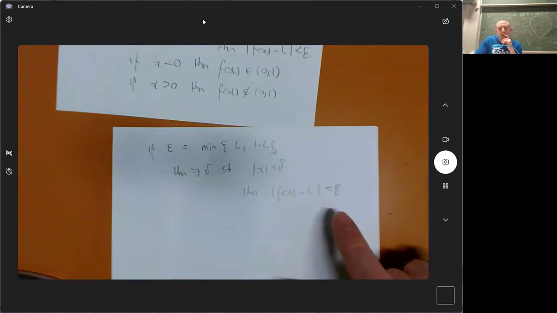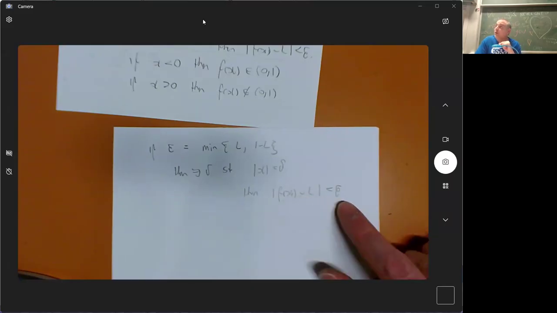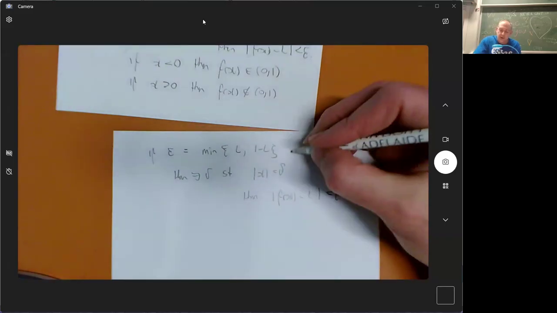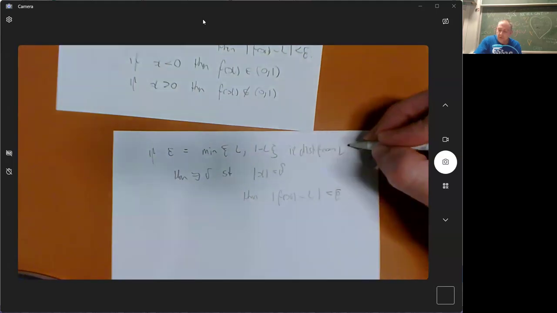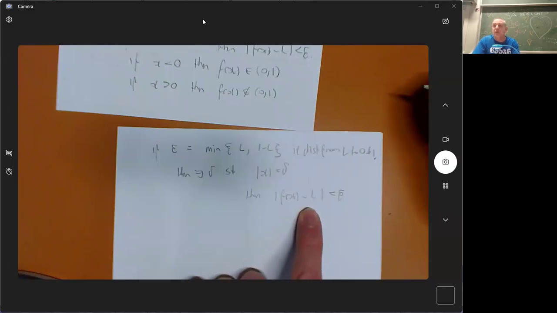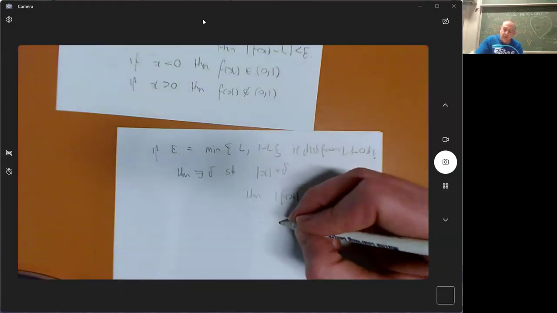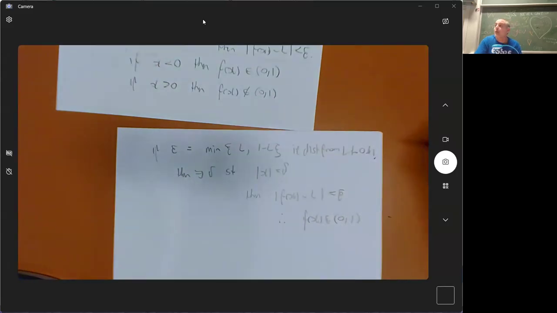So because f of x is closer to L than 1 or 0, which is what this epsilon is, i.e. the distance from L to 0 and 1, this means that f of x is closer to L than 0 or 1 is. So therefore f of x is in 0, 1. Right? Yes.